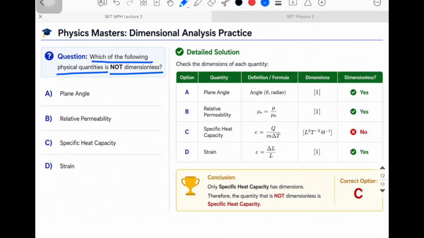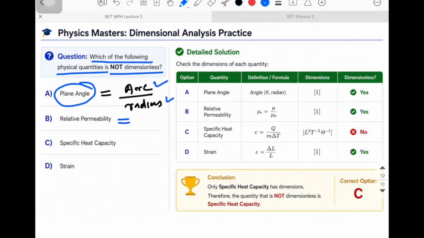Okay. So the quantities which are dimensionless, imagine angle. We know that angle is equal to arc by radius. Arc is a length, radius is also length, so length by length cancel. So plane angle is a dimensionless quantity.